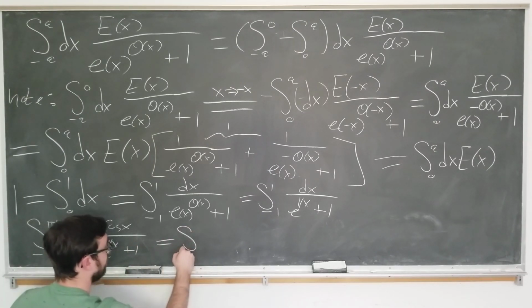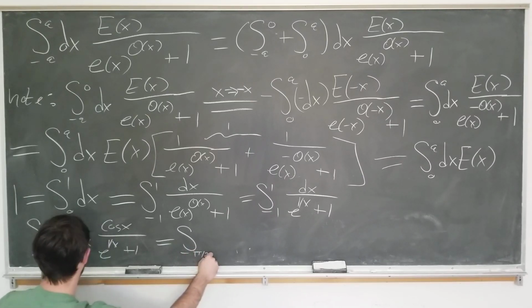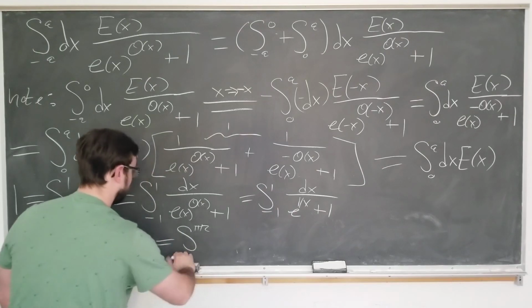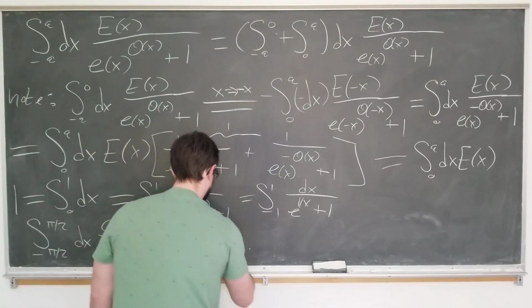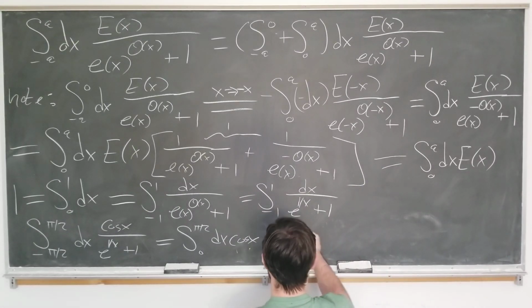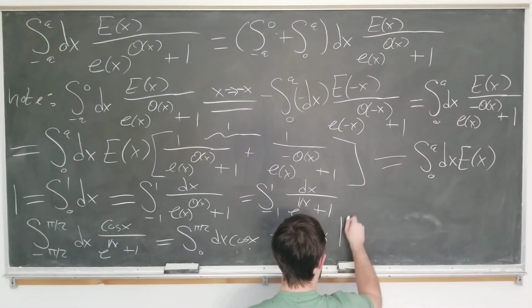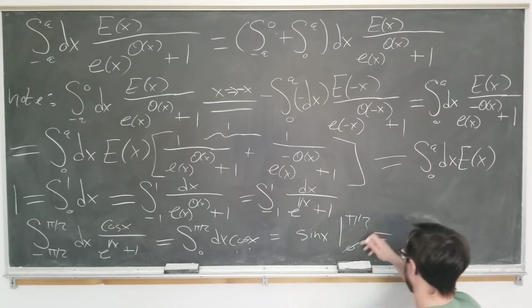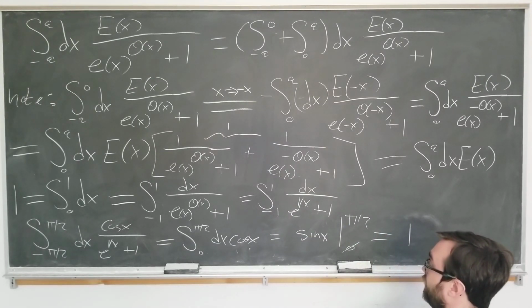This would just be the integral from 0 to pi over 2, sorry. Which we can evaluate readily as sine x evaluated at pi over 2 and 0. 0 goes away, it just becomes sine pi over 2, which is 1.